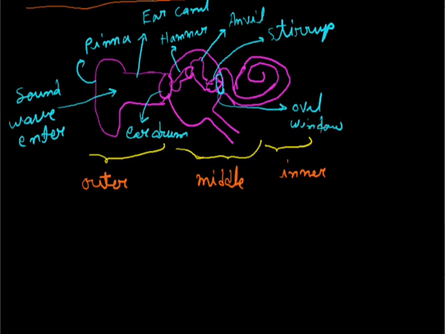Now the inner part has the cochlea. This is the cochlea, and finally these all are routed to the brain.